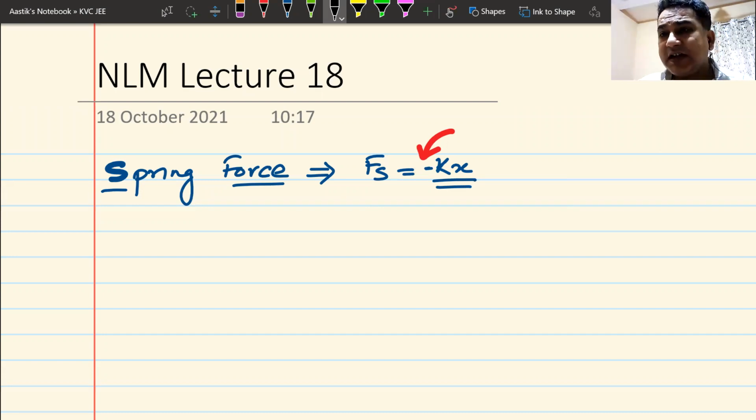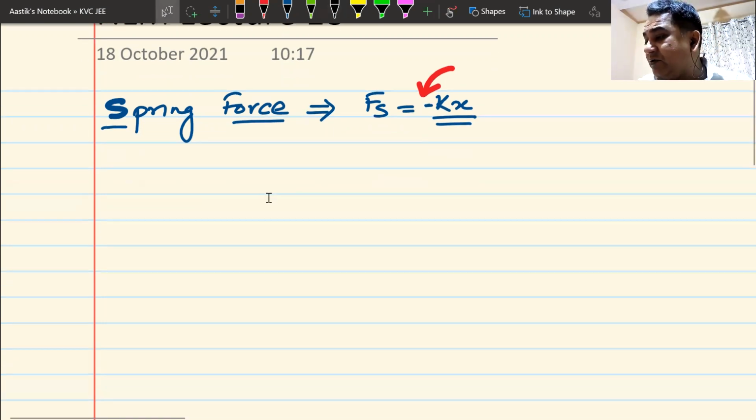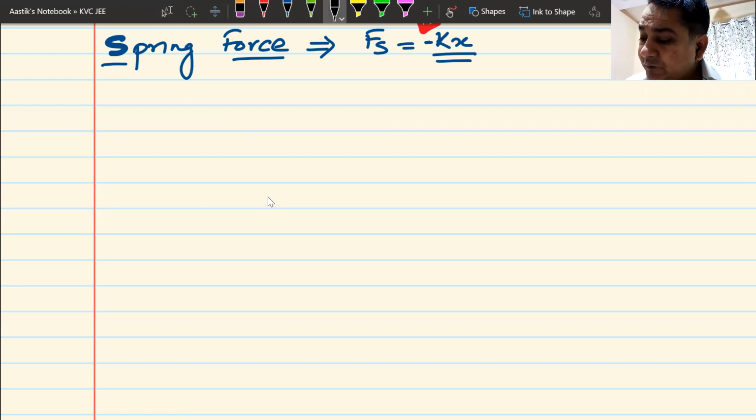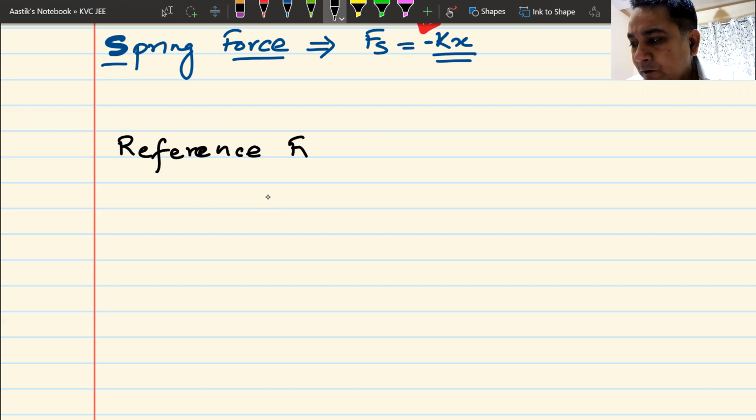What we are going to start with today is a brand new topic, and this brand new topic is known as reference frames. Yeah, frames of reference. Reference frames or frames of reference.